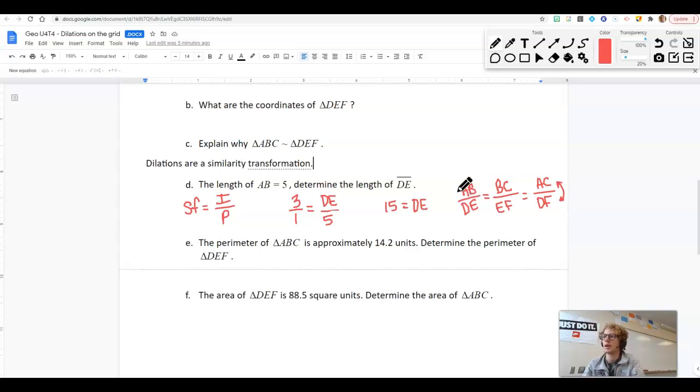Okay? You have to have everything the same. So in this case, we had the image on top, pre-image on bottom. Over here, all of the pre-image is on top and the image is on bottom.